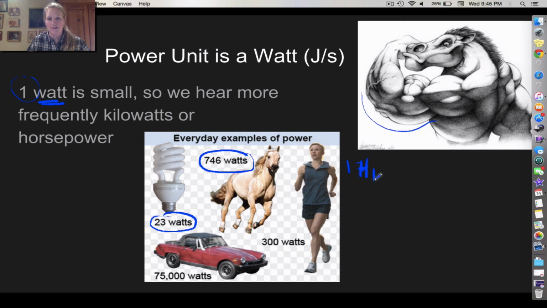One horsepower is equal to 746 watts. Okay, so when we think about machines working, 1 watt is very small. Perhaps when we talk about us running, it doesn't require as much power. But that's just a really cool thing, I thought. A watt is really a joule per second. However, we tend to deal with kilowatts and horsepower.